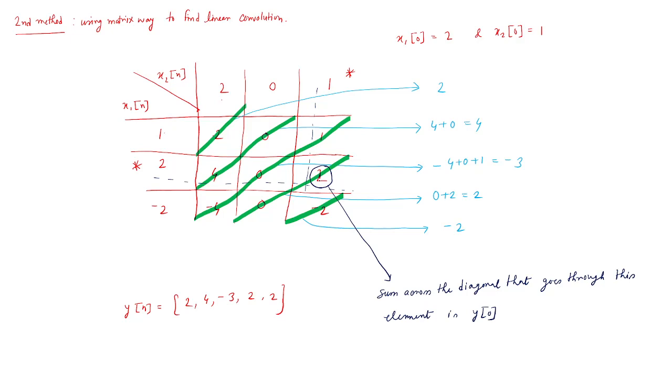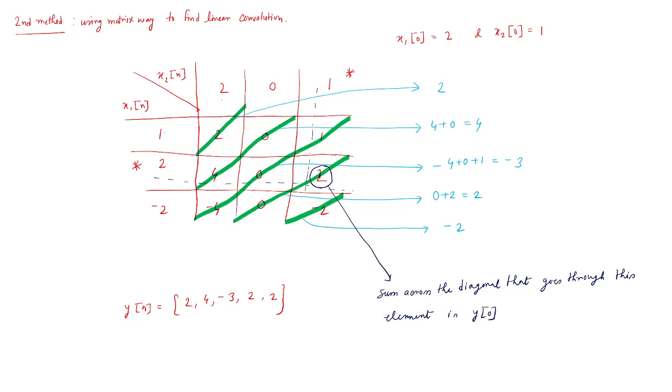Remember, this 2 is not our concern. The diagonal that goes through this element, the sum across this diagonal is our concern. It just coincidentally becomes 2 here, but the diagonal sum is 2 plus 1, therefore your y0 is going to be 3.